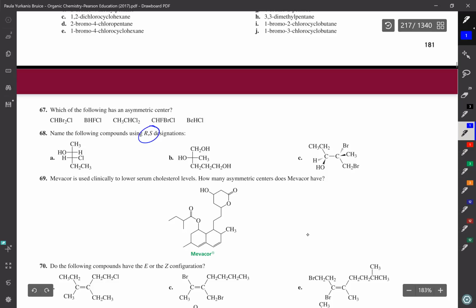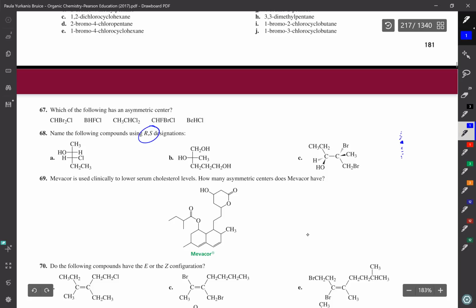Now, 68A is an example of what we call a Fischer projection. In the Fischer projection, all the vertical bonds are pointing backward.